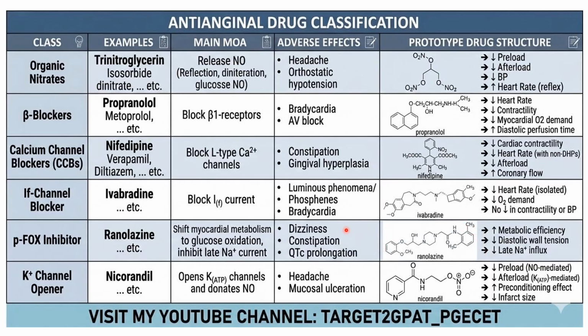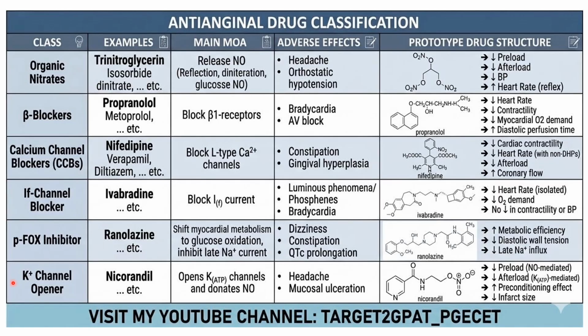Adverse effects: it causes QT prolongation, because sodium channels are involved, so there will definitely be prolongation of the action potential. Other effects are quite common here, dizziness and constipation of these PFOX inhibitors.